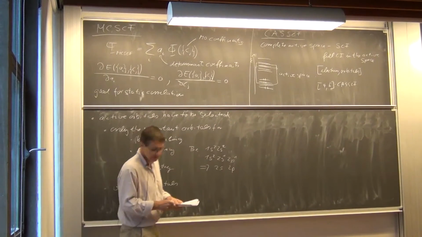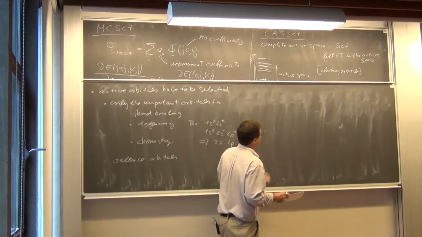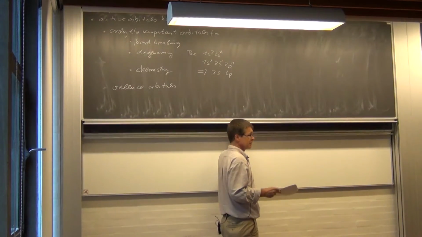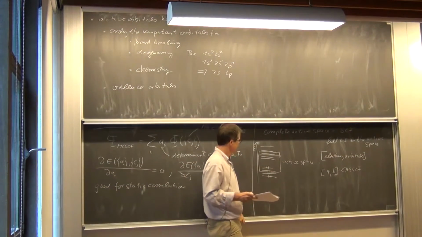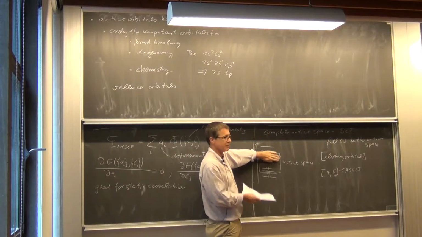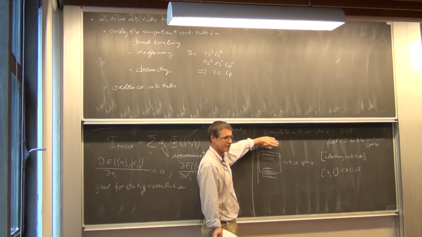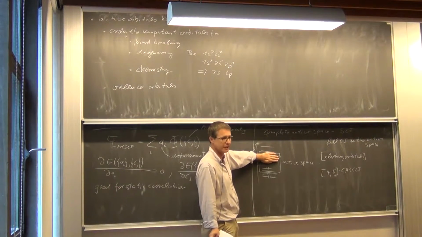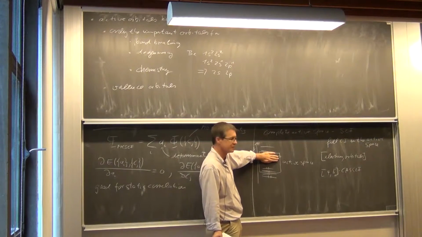you see, in order to have a meaningful active space, you need not only occupied orbitals, you need some virtual orbitals, you need some empty orbitals. I mean, you can't get extra determinants if all the orbitals which you include are doubly occupied. Then you end up with one determinant, and that's not very useful.